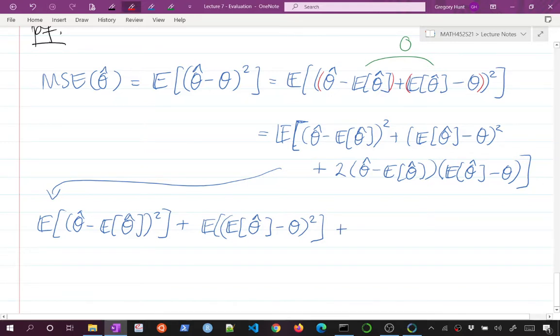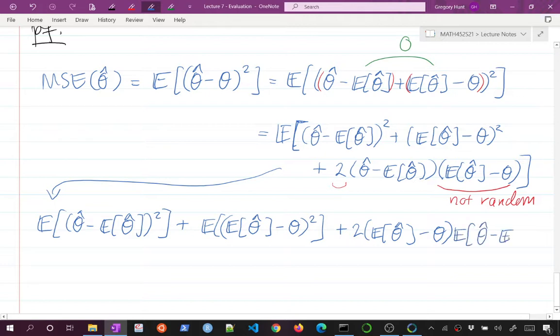Let's look at this last term and push the expectation through. 2 certainly is not random, so that can come out of the expectation. But notice that neither the expected value of theta hat nor theta is random. Expected value of theta hat is just some number, and theta is just some other number, so those can come out. So I get 2 times the expected value of theta hat minus theta, and inside my expected value I'm left with theta hat minus expected value of theta hat.